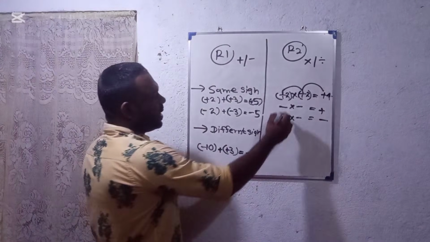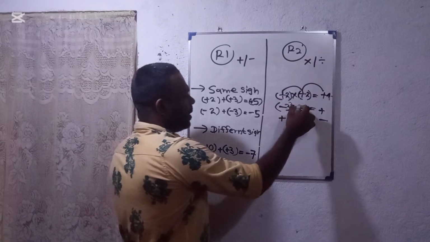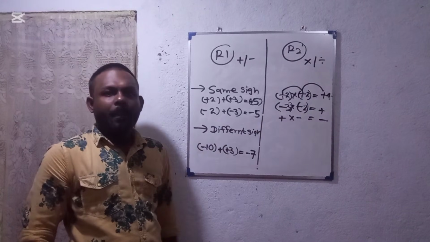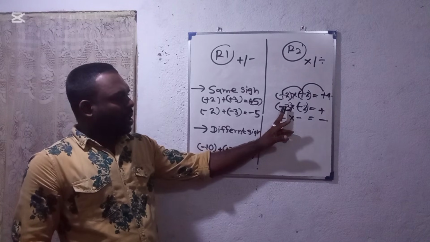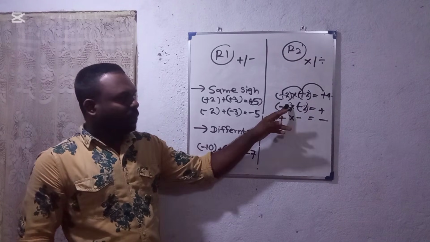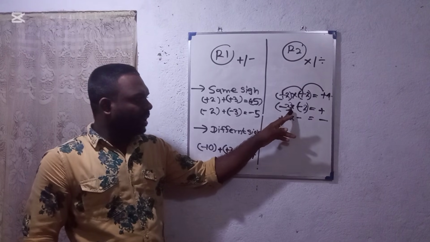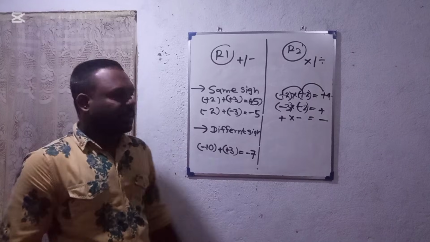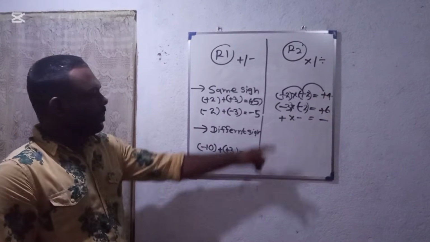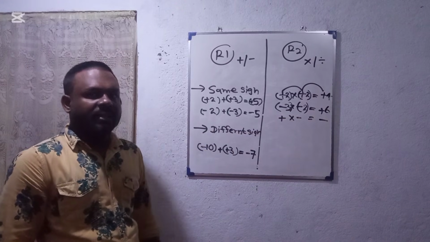Then I place 2 and 3. That means you had better use brackets: minus 3 times minus 2. Then what is the sign output? Minus times minus is plus. Forget the sign. Now you have obtained the sign output. Then 2 times 3 is 6. So when minus 2 is multiplied by minus 3, the answer is plus 6.